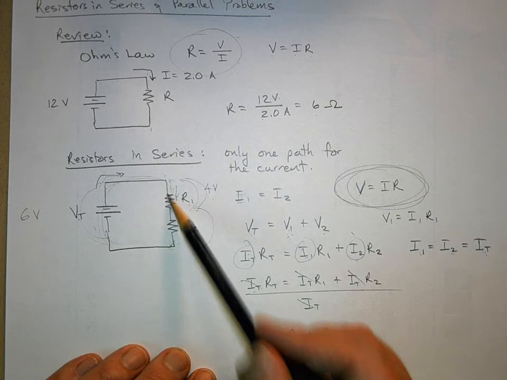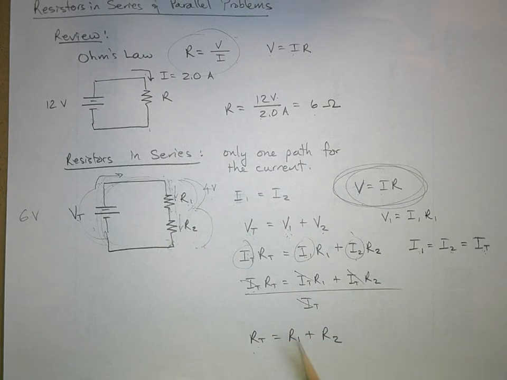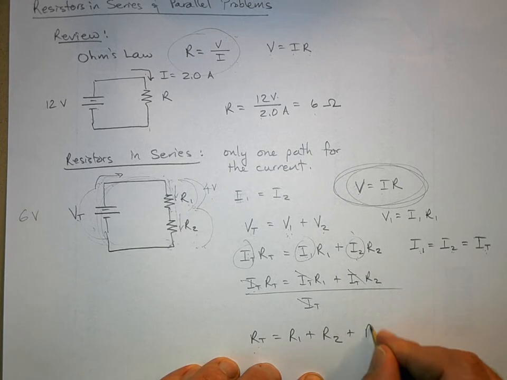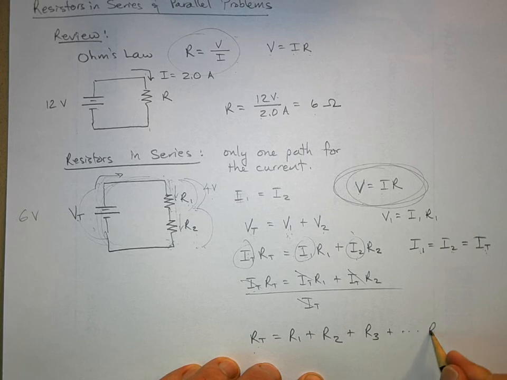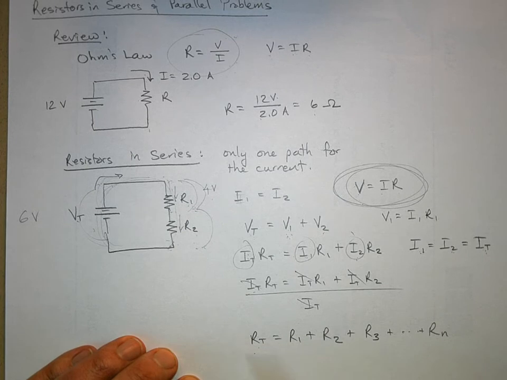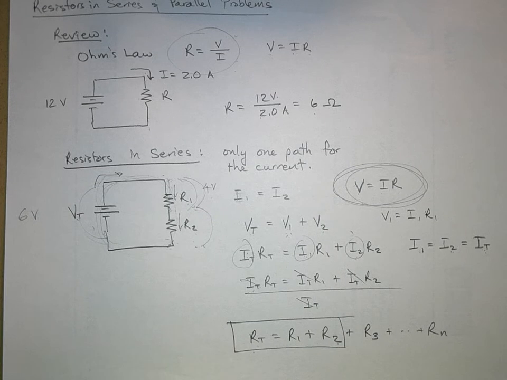And if I have more than two resistors in series, I would just keep adding. If I had an R3, I would just add it, plus whatever, we'll call that n. But for the problems we're going to do, this is good enough right here. Just add the two resistors that are in series together.